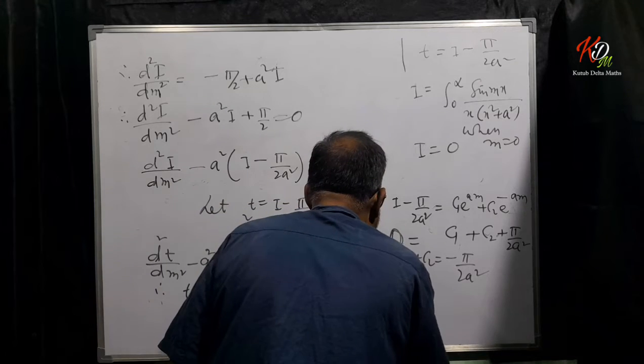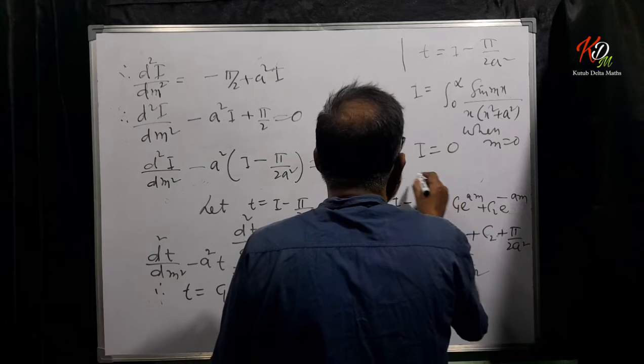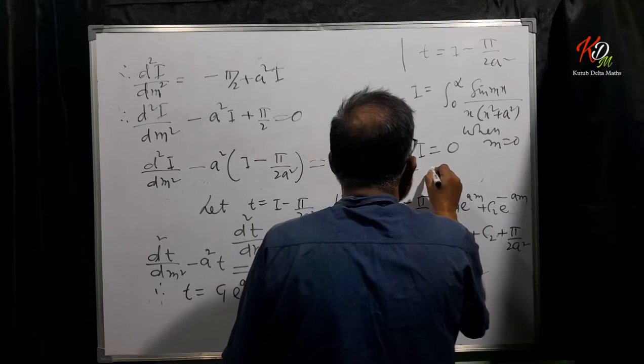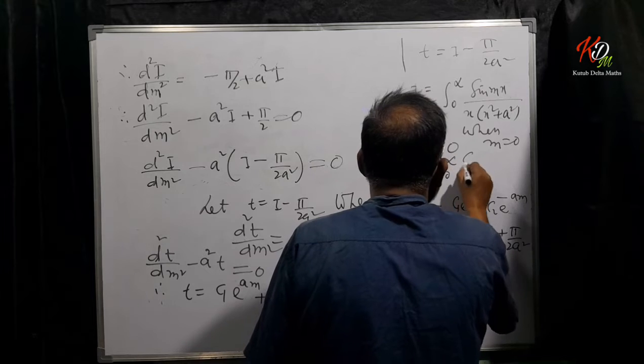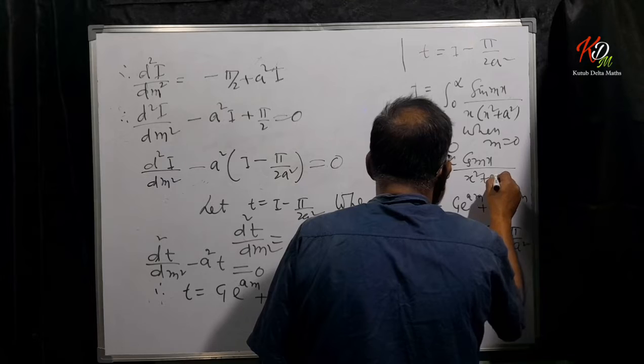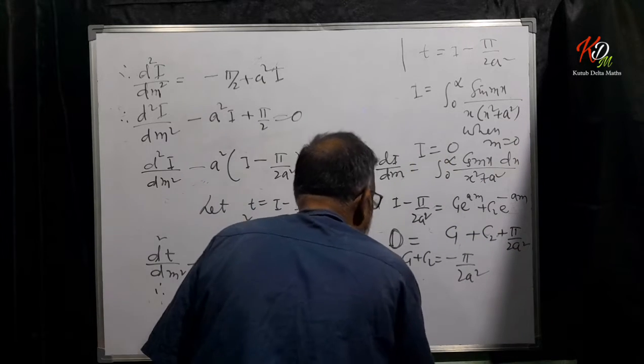Next, dI/dm. Again dI/dm equals 0 to infinite cos mx by x square plus a square dx.